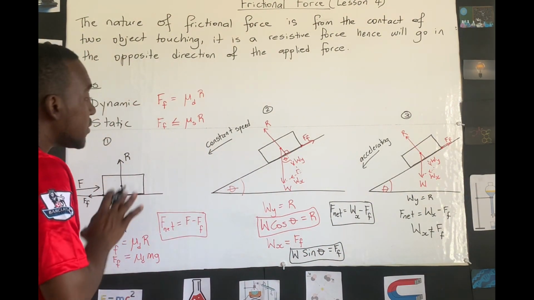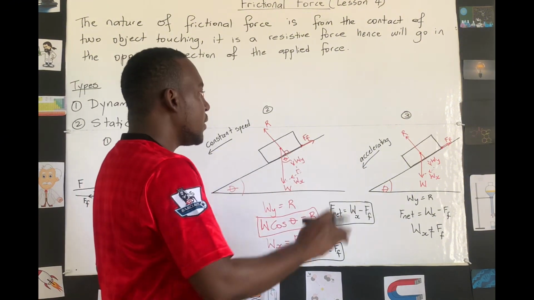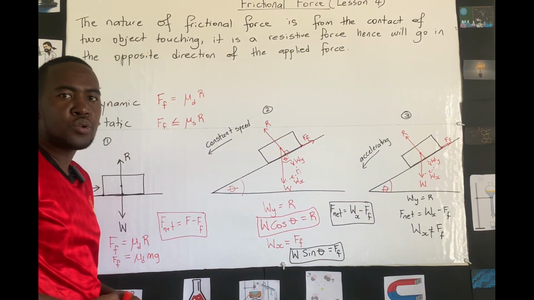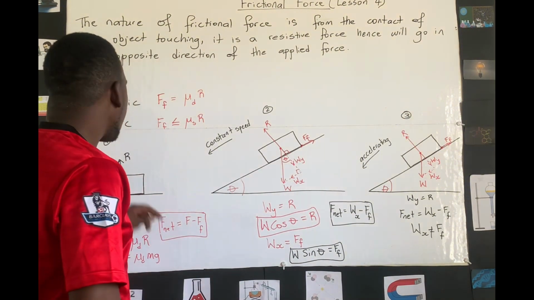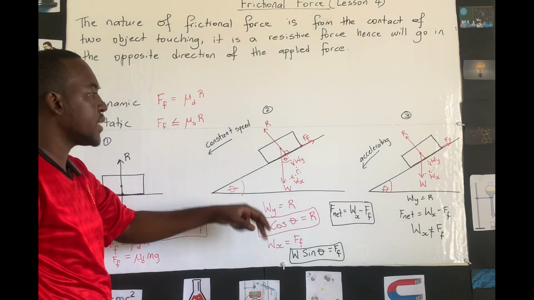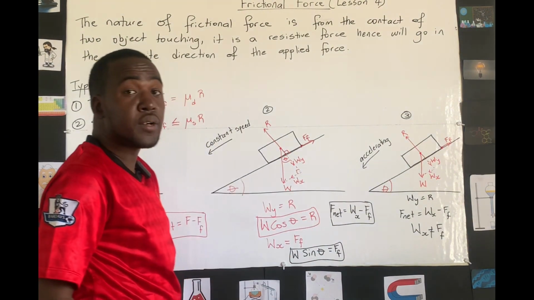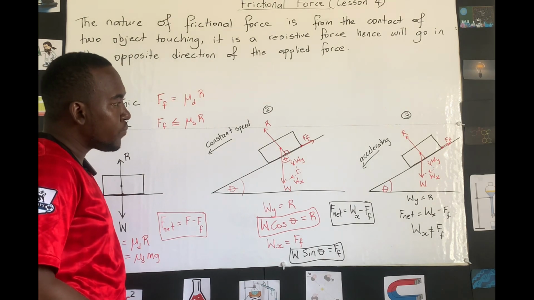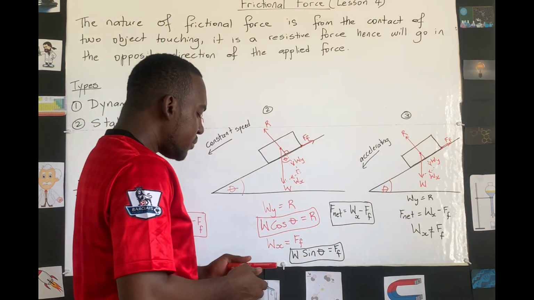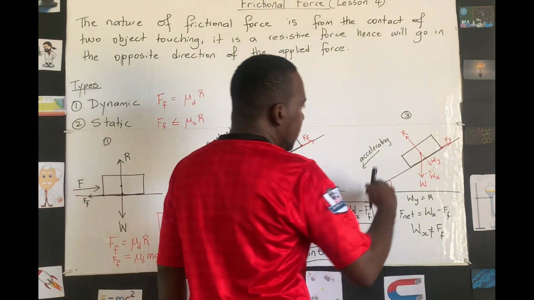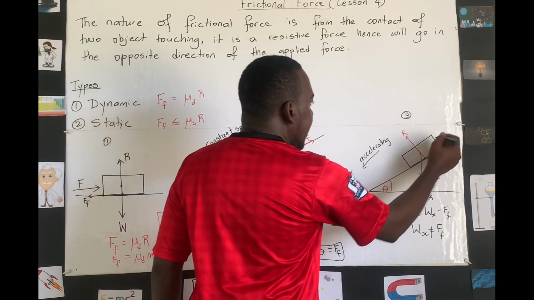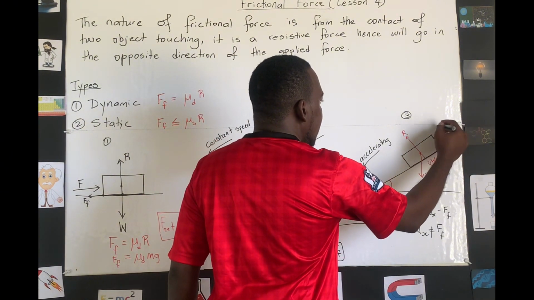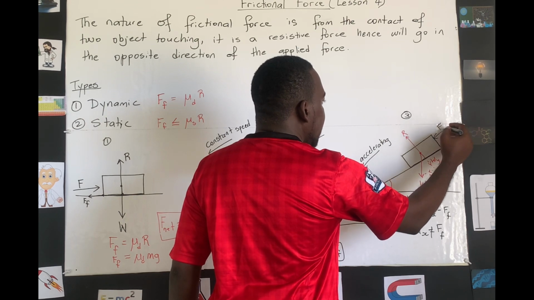Right? So these are three main situations that we will look at in the future when looking at frictional force and how it affects motion of objects. Right? Now, in certain cases, let's say in addition to this, we had a force pushing down the object.